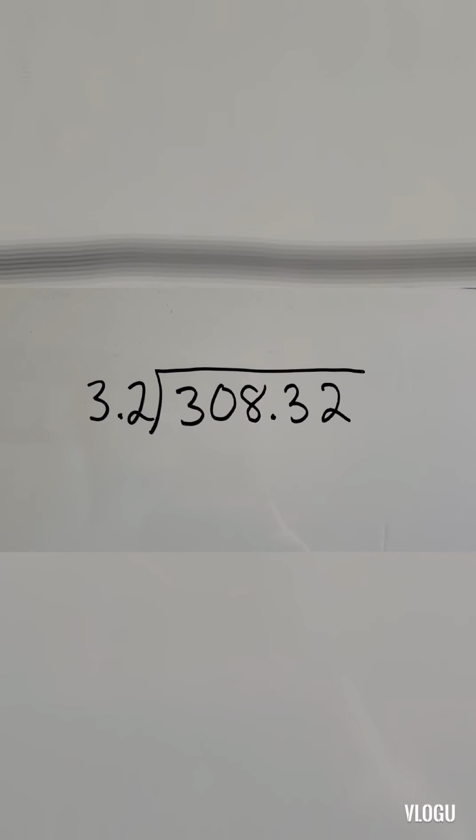Well, all I really need to look at is my 3 and my 11. 3 goes into 11 how many times? 3, because 3 times 3 is 9. 3 times 4 would be 12. 12 would be too big. So 3 is going to be my guess. That's what I'm going to guess. And now I'll find out if that's a good guess or not.